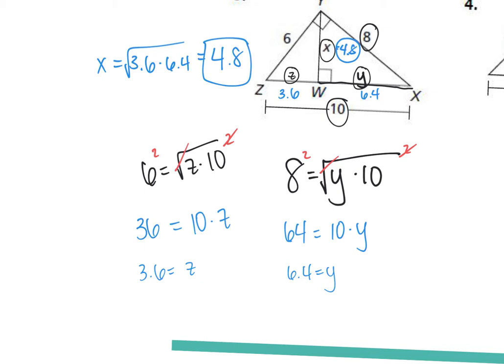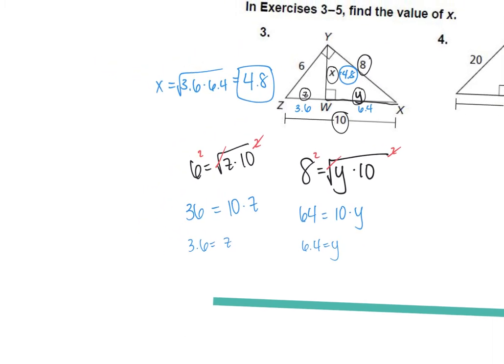Did anyone do this problem a different way? Savannah? I did the formula C over X equals X over B. So I did 10 over A equals 8 over B, XY being B, XW being B. It goes to 10B equals 64, and B equals 6.4, and then you subtract that from 10, so A is going to equal 3.6, and then you multiply that and you get the geometric mean of it.